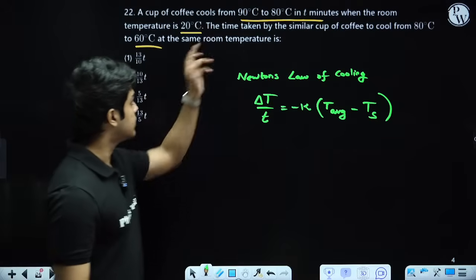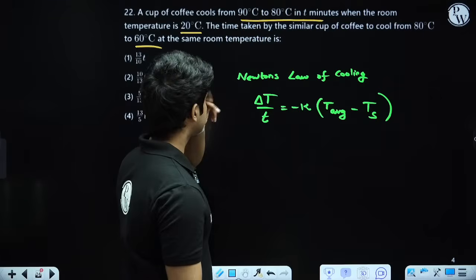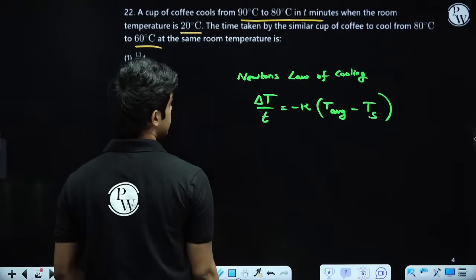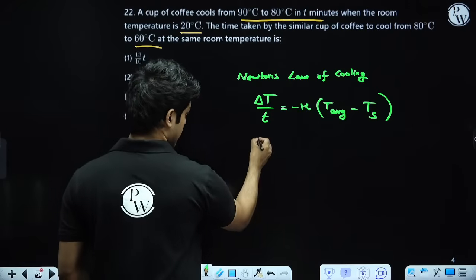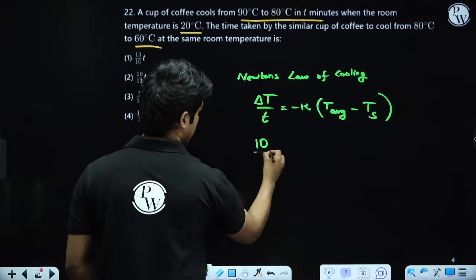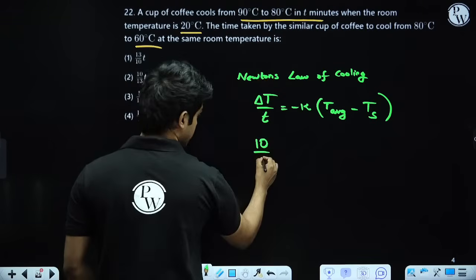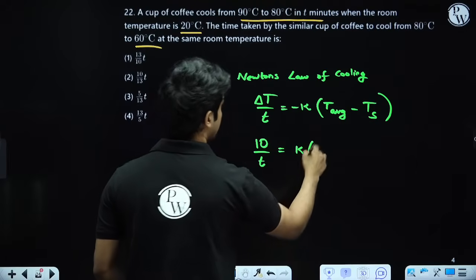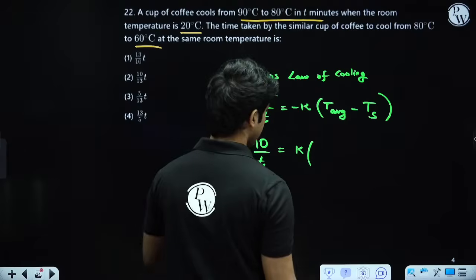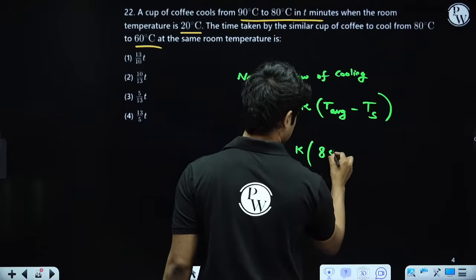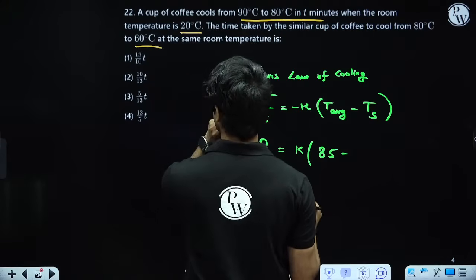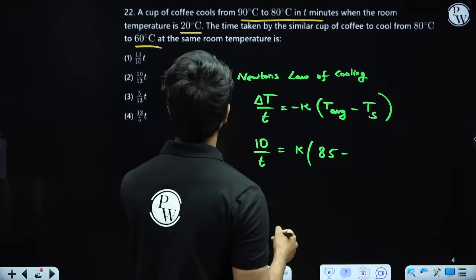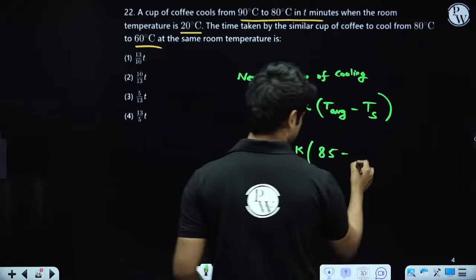In the first case, the cooling is from 90 to 80, so instead of writing delta T equals minus 10, we can get rid of the minus and write delta T as 10. The time it took was T minutes. This would be equal to K times T average, so the average of 90 and 80, 85, minus T surroundings. We don't know the surrounding temperature, so we'll just write it as T surroundings.